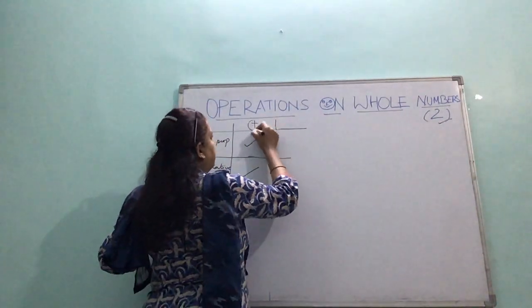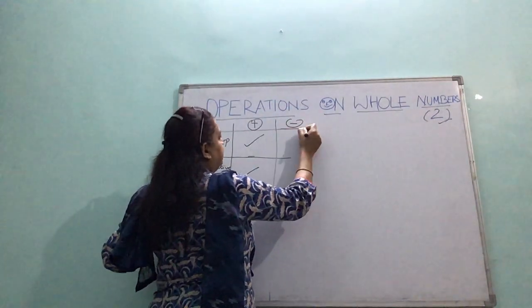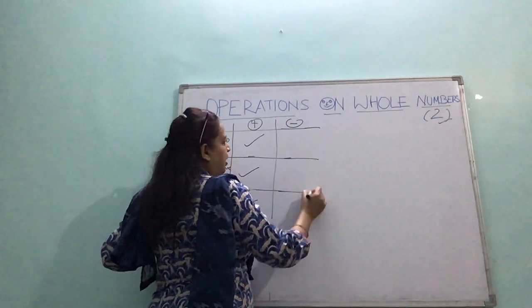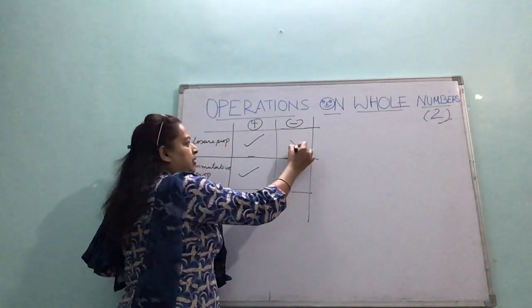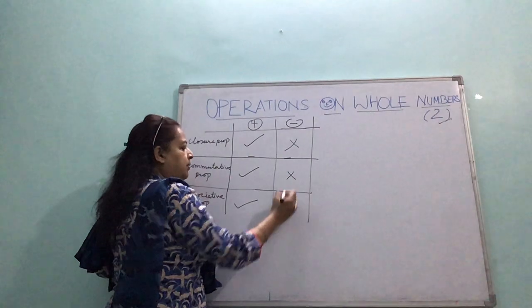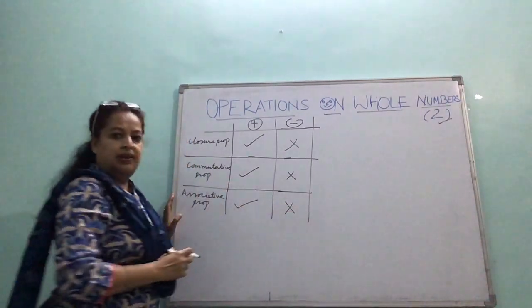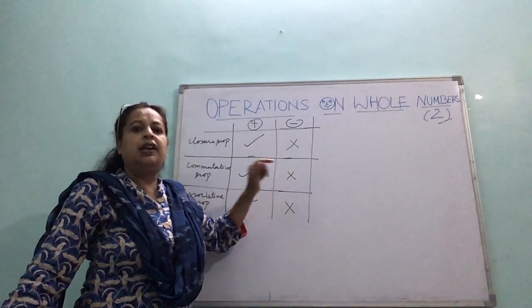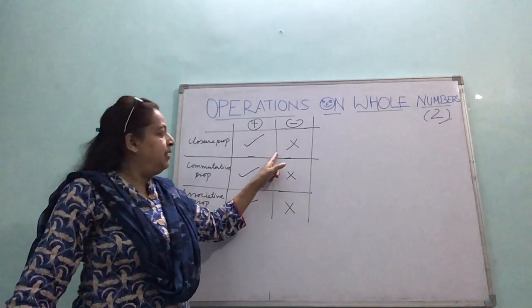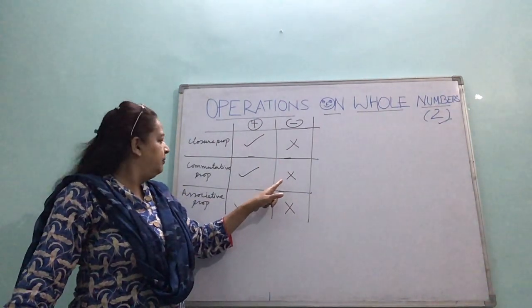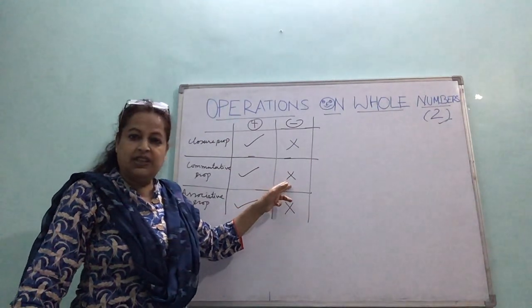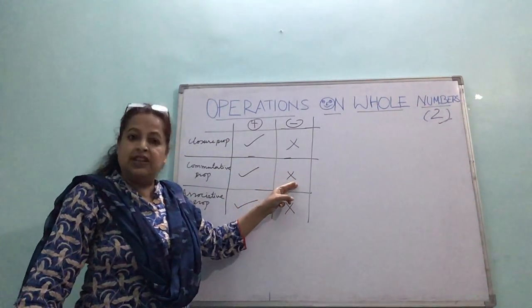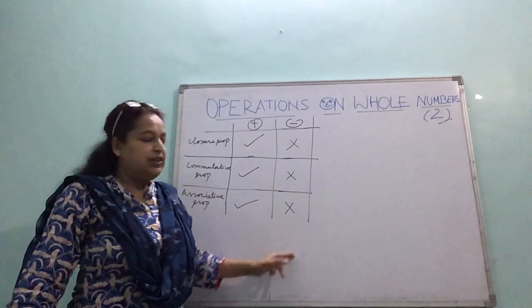The next operation, subtraction. If you subtract two whole numbers, it may not always be a whole number. If the order of subtraction is changed, then the result will not be the same. So it does not show these properties.